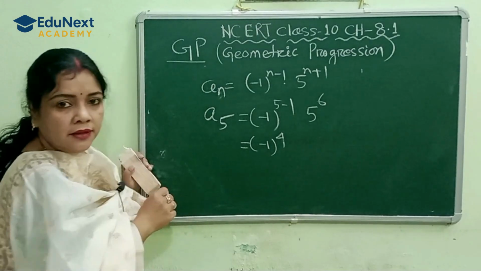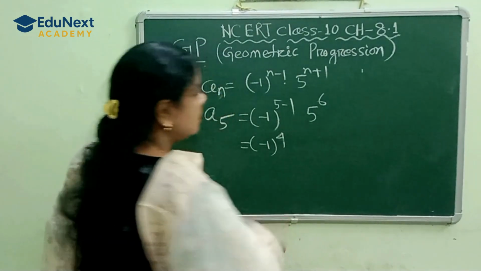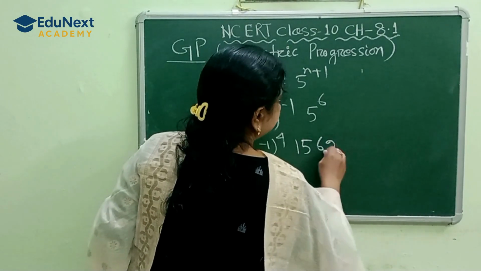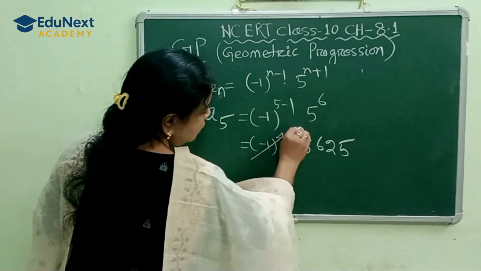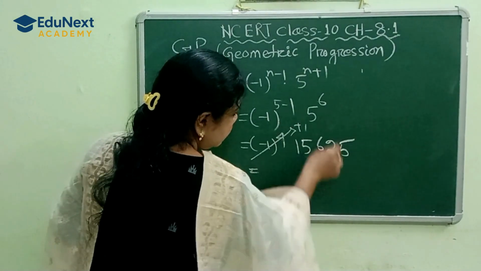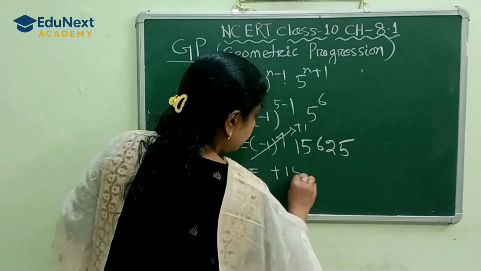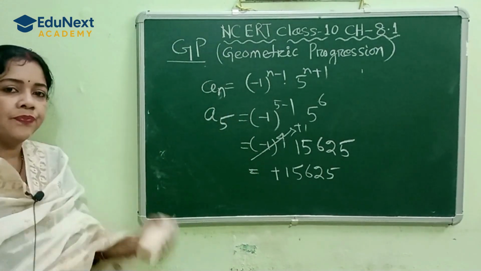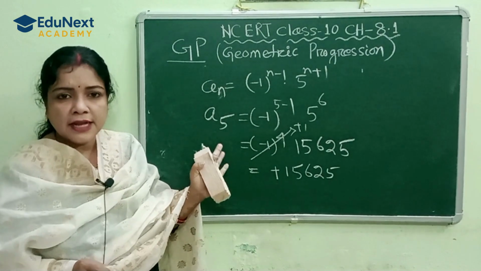This is the even power. 5 to the power 6 is equal to 15,625. So this term is +1. That means the final answer is plus 15,625.